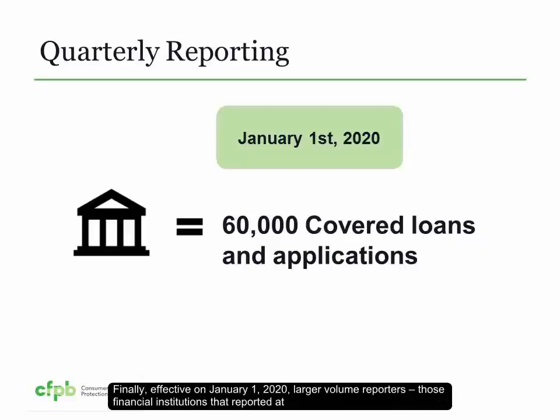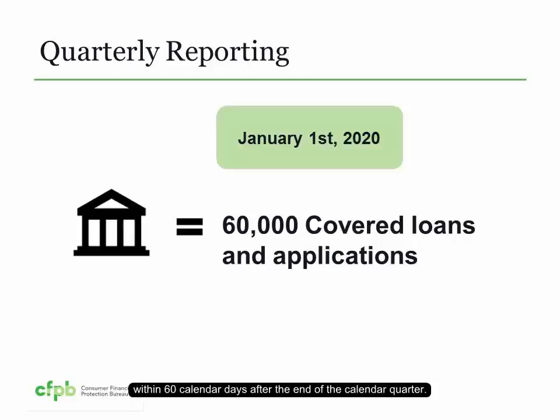Finally, effective on January 1st, 2020, larger volume reporters, those financial institutions that reported at least 60,000 combined covered loans and applications, excluding purchased covered loans, for the preceding calendar year, will be required to report data on a quarterly basis. These financial institutions must report all data required to be recorded for the calendar quarter within 60 calendar days after the end of the calendar quarter.